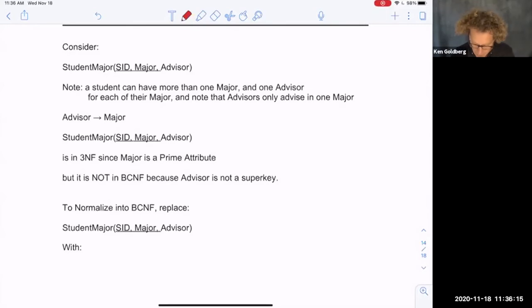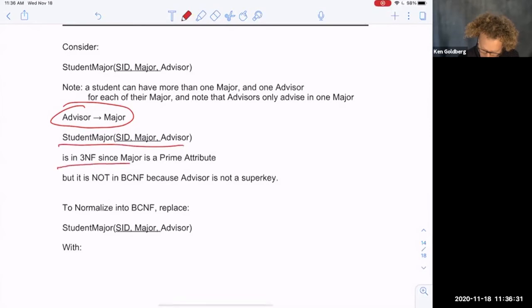So that means that this is true: advisors only advise in one major, so the advisor determines the major. Got it, everyone? So this thing right here is in third normal form, but it's not in Boyce-Codd normal form because advisor is not a superkey.